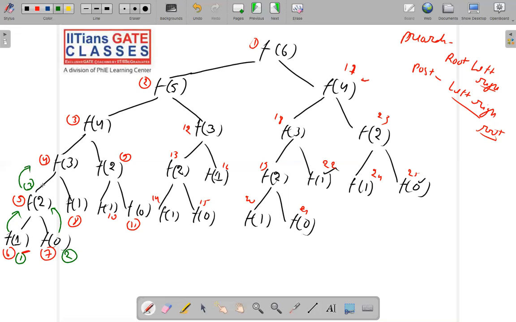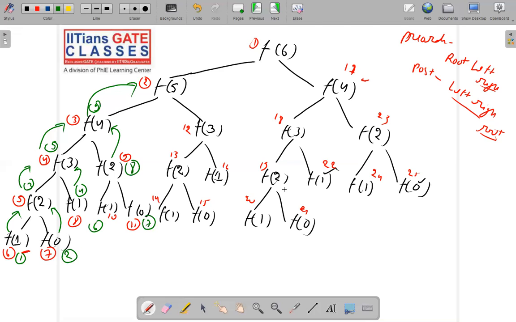This one will return the value. Now this one will return the value 4, and addition will happen here, and this one will return the value. Now this one will return the value 6th, 7th. Then both will return the value 8th. This one will return the value. At the 9th position, this one returns the value. This is how post-order will be executed.